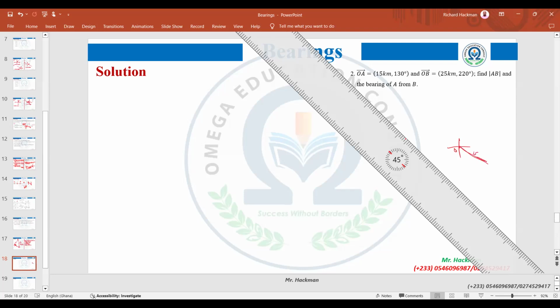And the other one, what do I have? O to B, 25. The bearing is 220. 220 will be somewhere here. Then that distance will be more than that. So I know I will need this side of the area more. Because I know one line will go this way, this line will be longer than the other line. So I will need this side more.